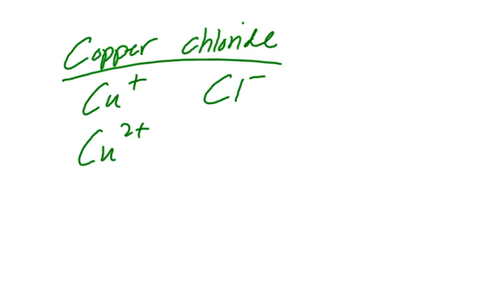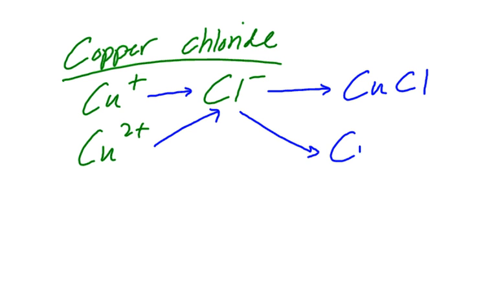If these 2 came together, they would form copper chloride there. And when these 2 came together, you would see copper chloride with 2 chlorines, because here I have 1 negative charge and this copper happens to have 2 positive charges, so I need 2 chlorides to balance it out.